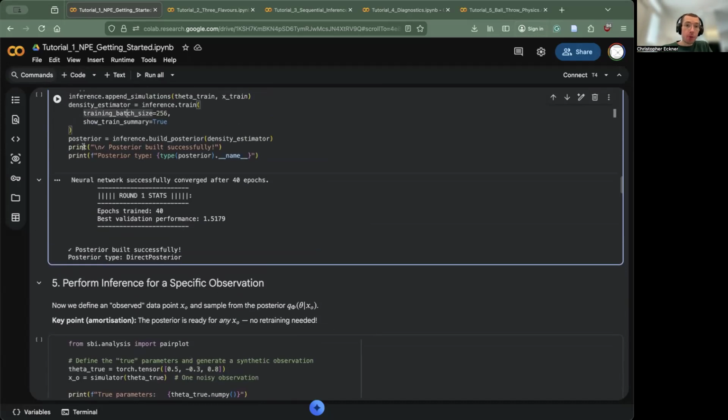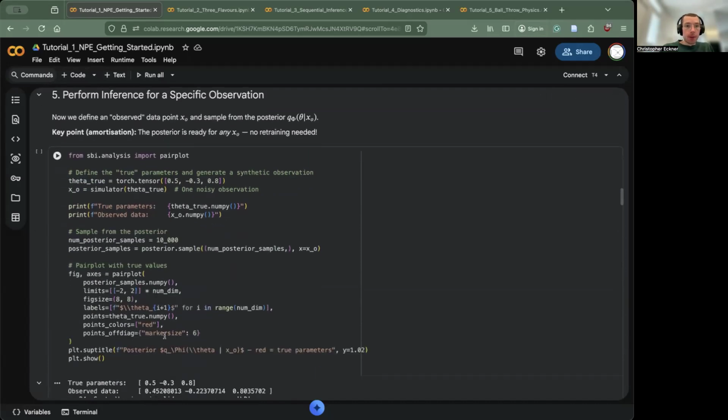Once you have a trained posterior, which is already the final output we want, we can now define an observed data point and sample from the posterior. Let's say our true theta, our true position for this three-dimensional Gaussian, was at this particular position in 3D space.